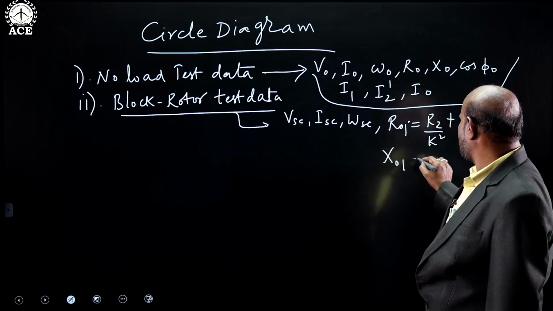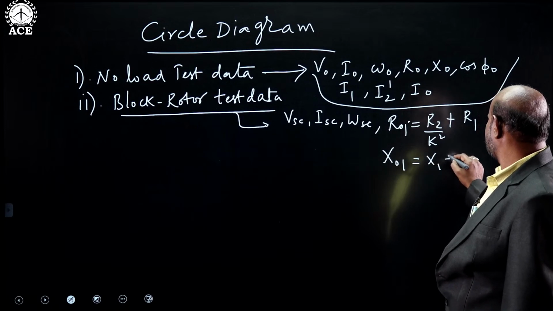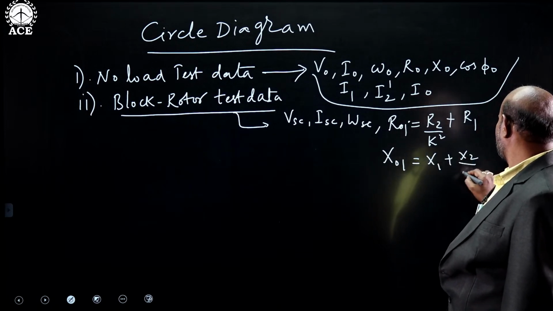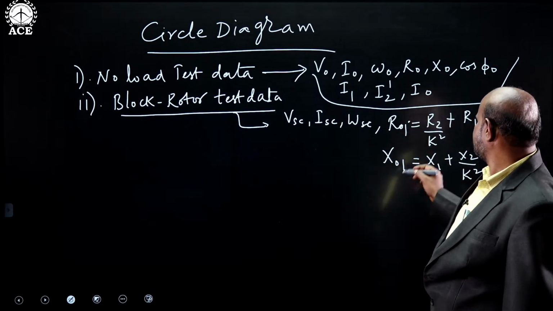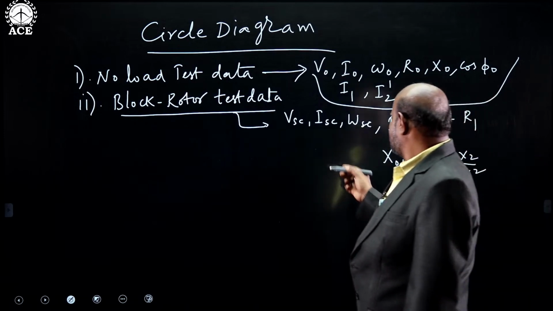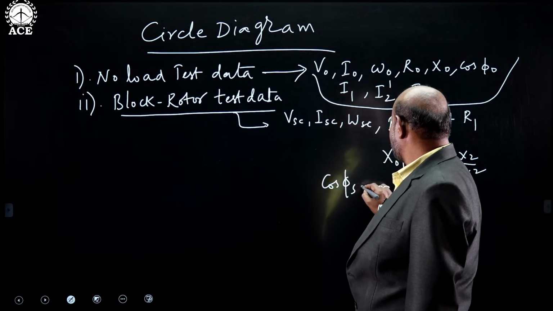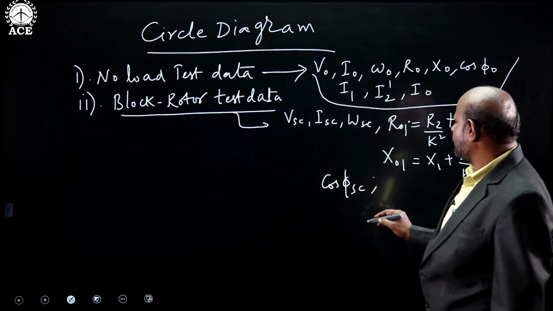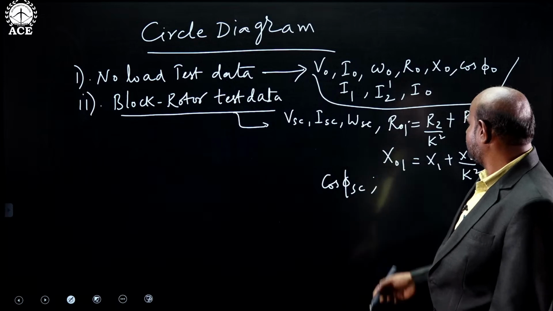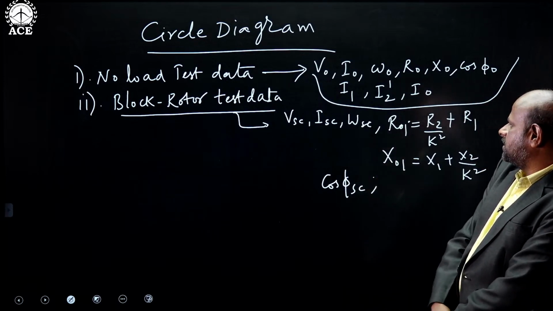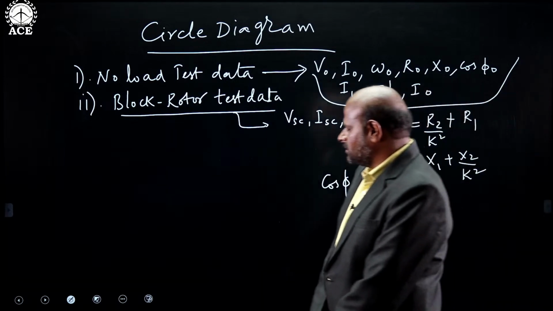Similarly, X01 is X1 plus X2 by K square. Right? Also we can find out cos phi SC, the power factor angle. So based upon this data, we are going to draw the circle diagram.